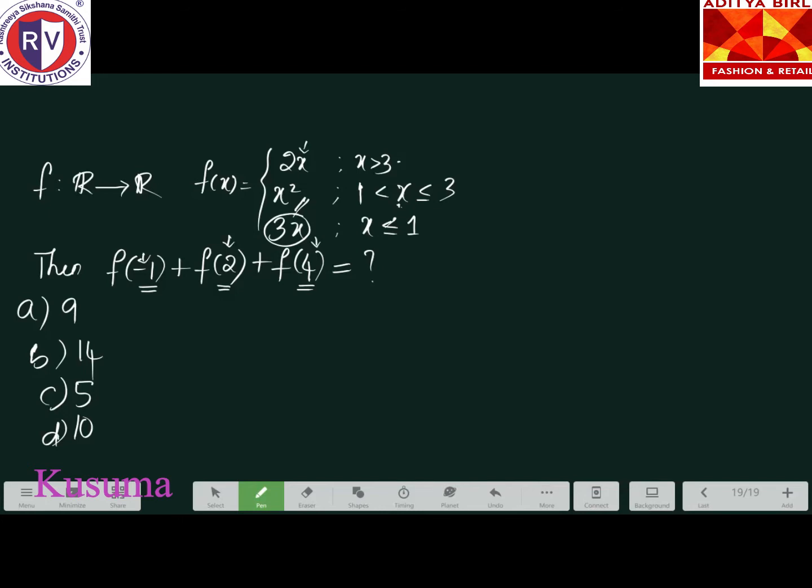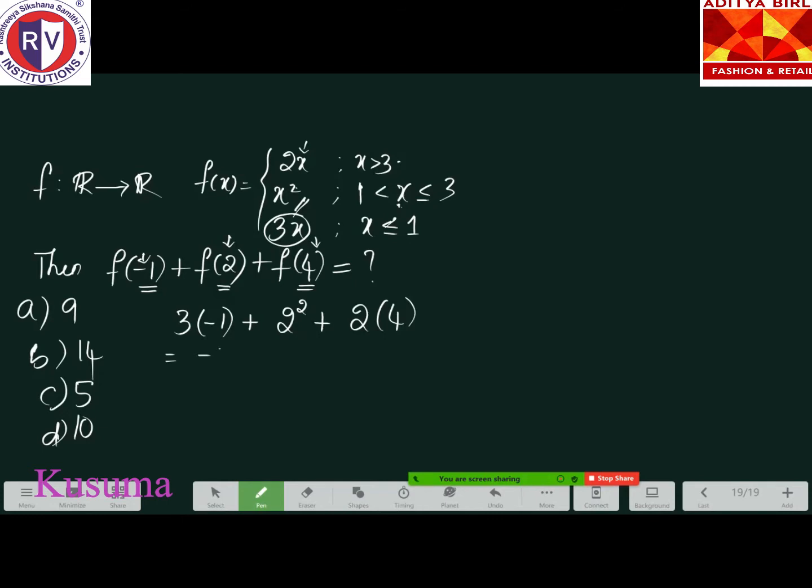So for f of -1, it will be 3x, that is f of -1 will be 3 into -1, plus, what is f of 2? 2 lies between 1 and 3, therefore the function definition is x square. So it will be 2 square, plus 2x, where f of 4, x is greater than 3, therefore 2 into 4 will be here.